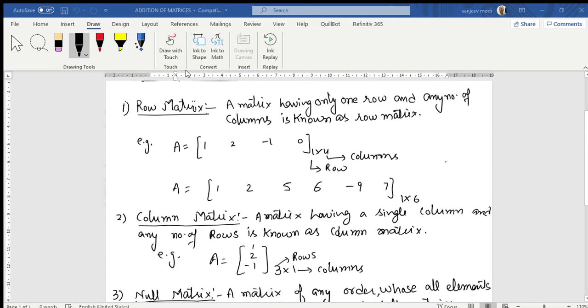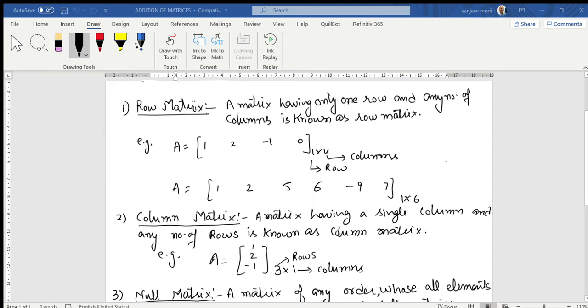A matrix in which number of rows is not equal to number of columns is known as a rectangular matrix.